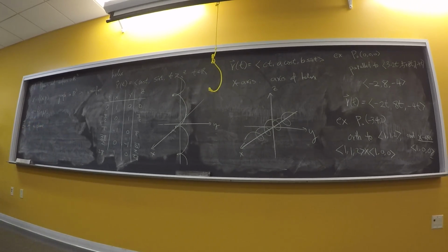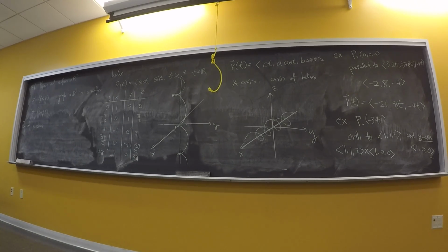Let me ask you this question. If I want you to fix a plane, remember, I asked you this question to fix a line. You need a point and a direction. If I want you to describe mathematically what a plane is, how do you say that? How do you tell people you are describing a plane?